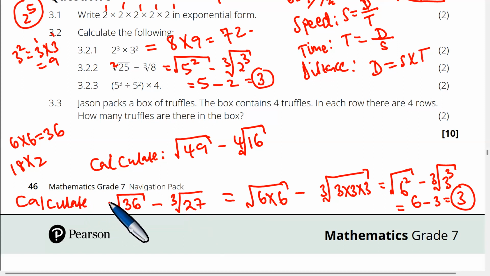If there's no number here, it means you're dealing with the square root. So this one here is called the fourth root. This one is called the square root.